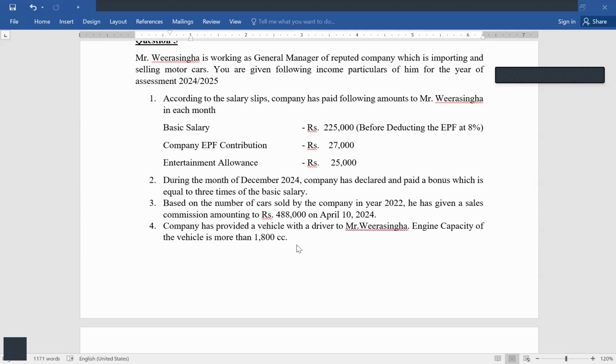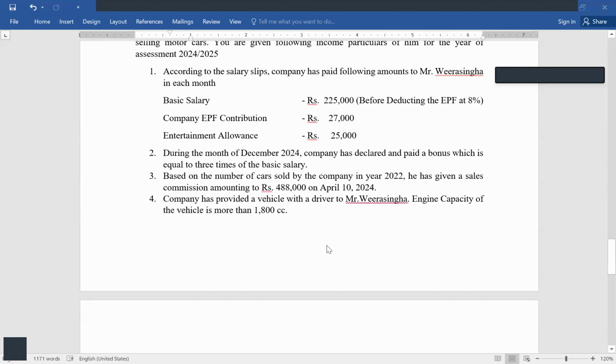Company has provided a vehicle with a driver to Mr. Veera Singha. Engine capacity of the motor vehicle is 1800. Actually, engine capacity is not a matter. අපිට ඒක අදාළ නැහැ. Company has provided vehicle with driver. So for the vehicle 20,000, for the driver 10,000. That amount should be 30,000 should be multiplied by 12.